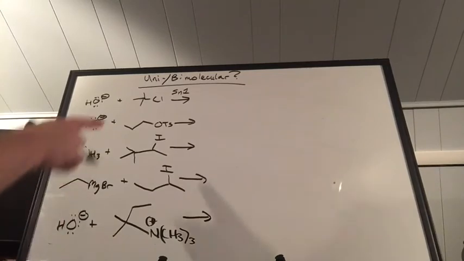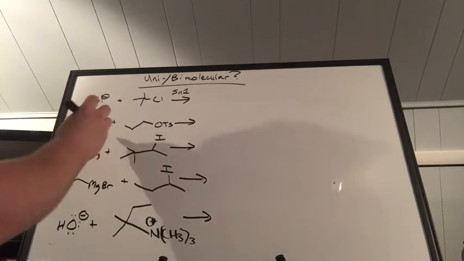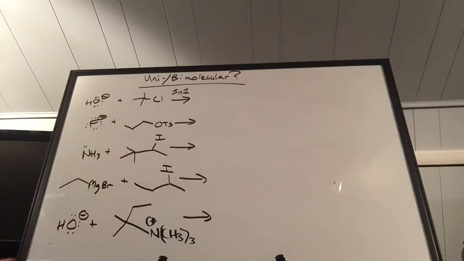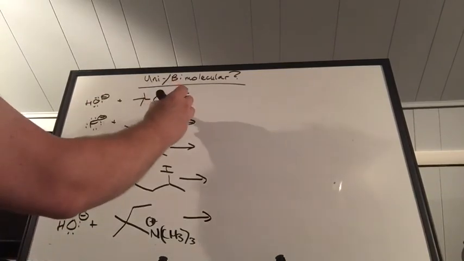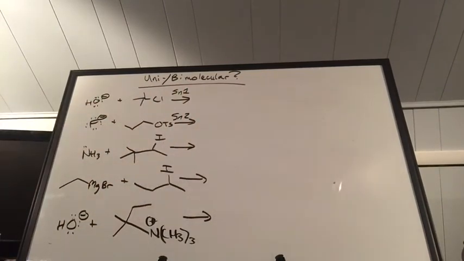So OTs is going to be a better leaving group, and fluorine is going to be more of an attacking group. In other words, this is going to boot off OTs, and this would be an SN2 reaction or SN2 mechanism, because this is a primary substrate.